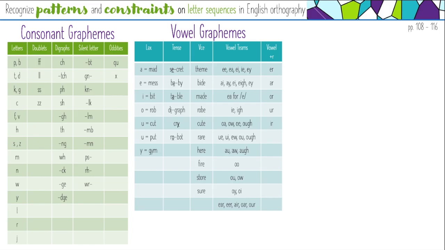But then there's some argument whether that GH would be a silent letter combination and that GE would be kind of a silent letter combination. There are some interesting things that happen with those that we'll talk about later. For now, we're going to just list them as two letters that make a unique sound or help support a unique sound. So therefore, it falls under the realm of being a digraph.